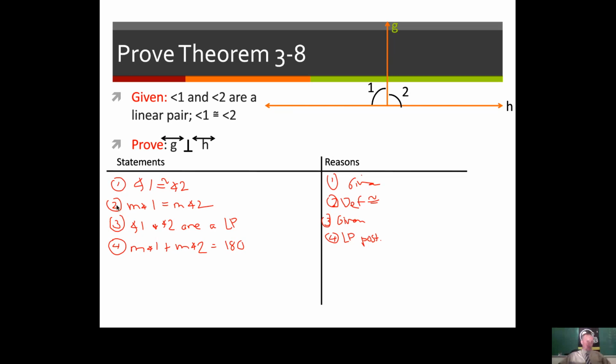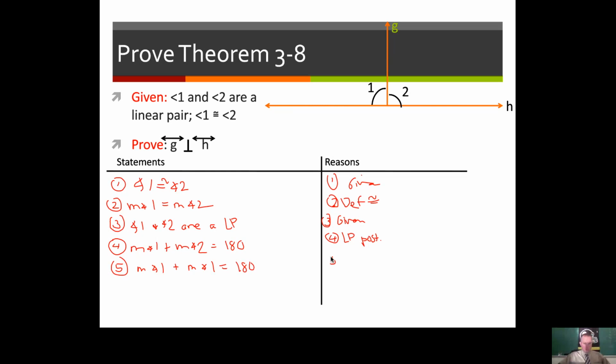Now, the next thing I'm going to do is I'm going to take what I learned from step 2 and what I know from step 4 and kind of combine them. If angle 2 is the same as angle 1, then I can take angle 2 out. And I can replace it with the measure of angle 1 because they're the same.